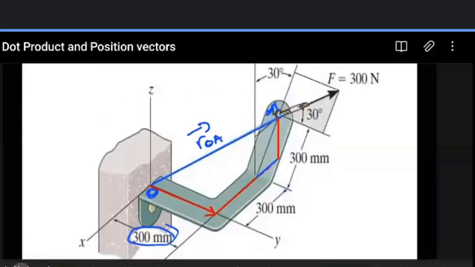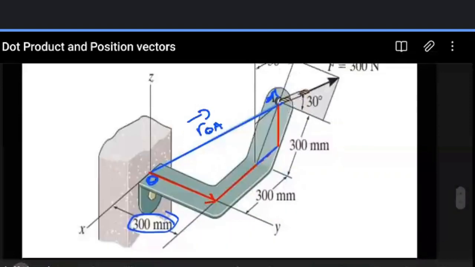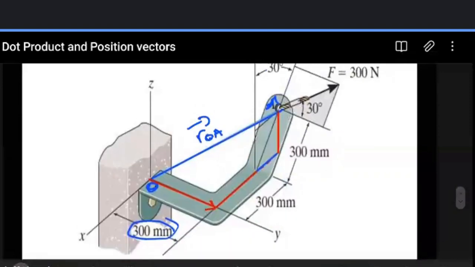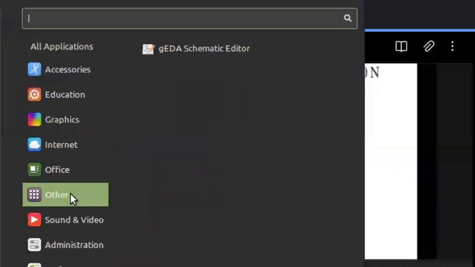Okay, so let's see what they are saying here. So we have this part. Is there any other piece given? Let me see if there is any other piece given here. Okay, so we have this 300.